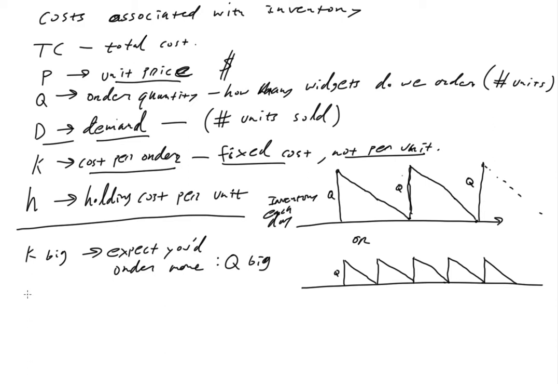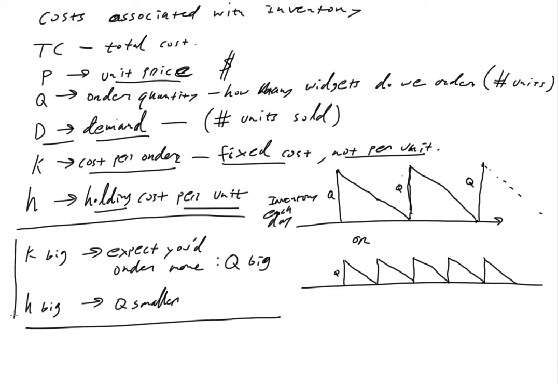You'd expect that if H is big, if the holding cost per unit is big, you would want Q to be smaller, because you don't want to order a whole bunch of them having them sit in your warehouse for a long time before you've sold them all. So these are basically the general business logic that we have put into this thing. Of course, you could look at other things as well. So those are the basic variables of what's going on here.